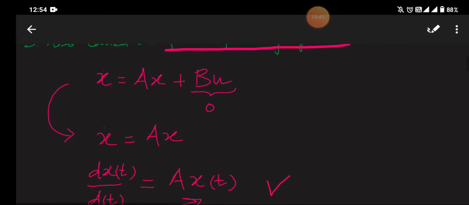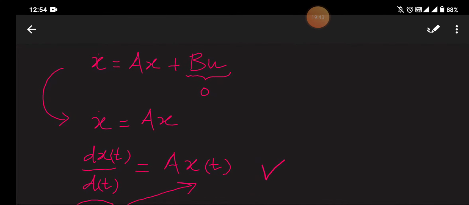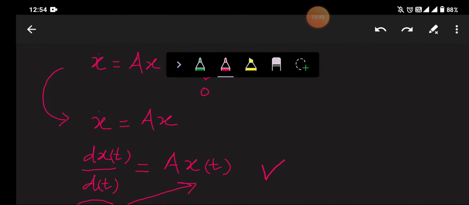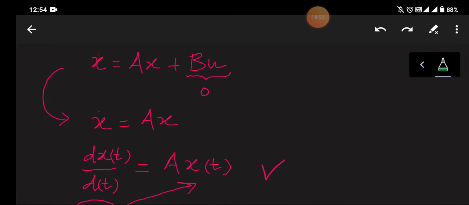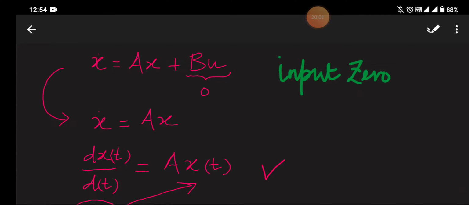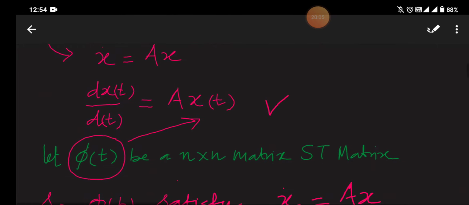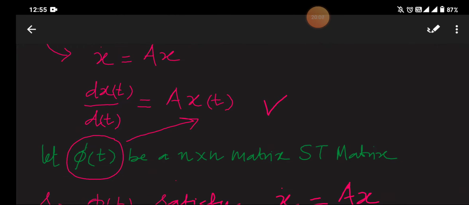Then we have seen if x dot is equal to Ax plus Bu, where input is 0, when the input is 0, then the equation will be x dot is equal to Ax, that is, d by dt of xt is equal to Axt.